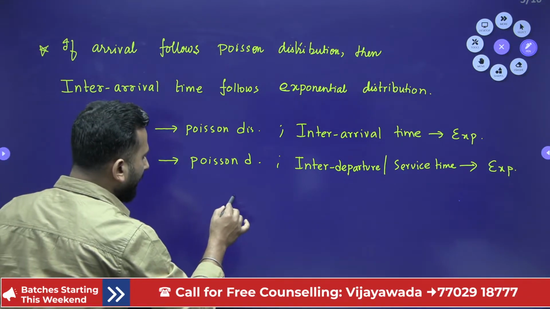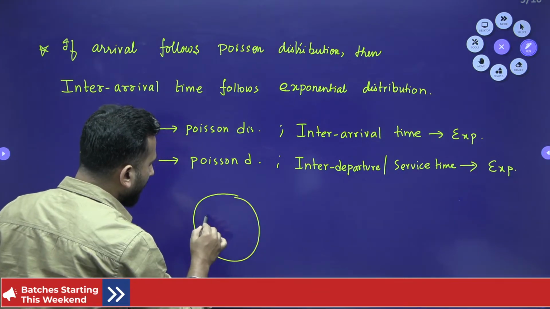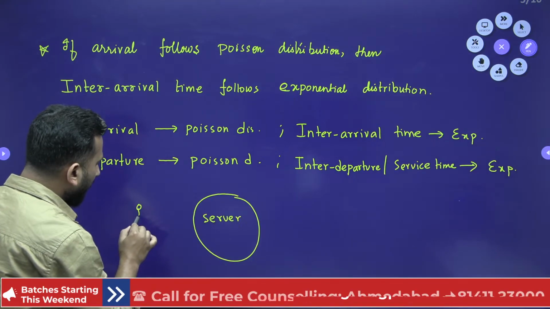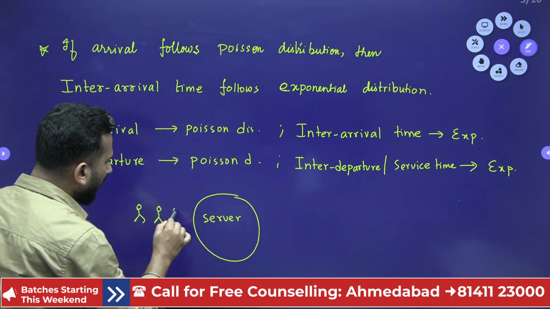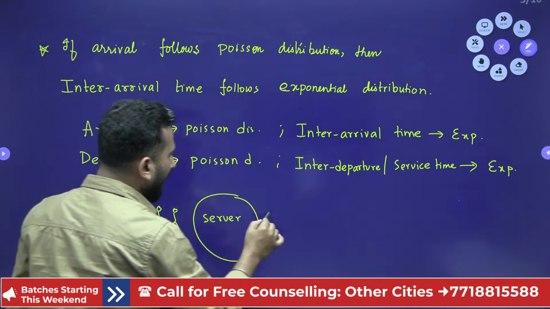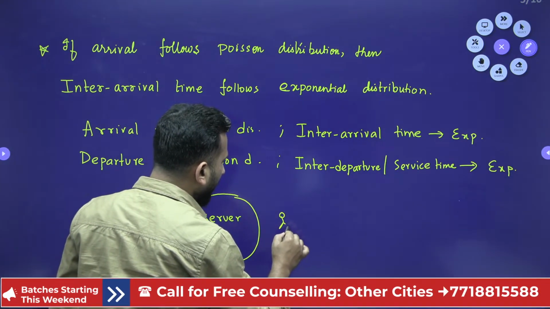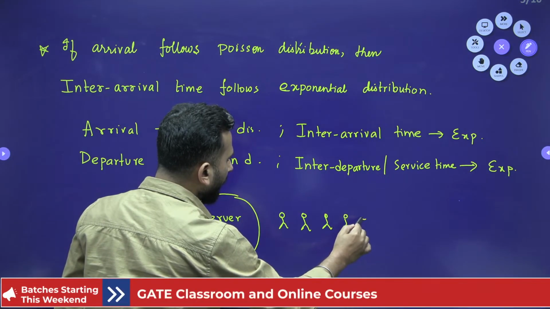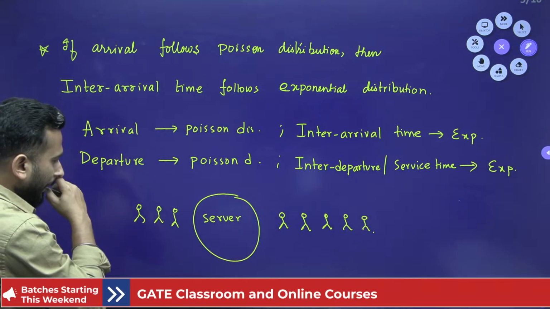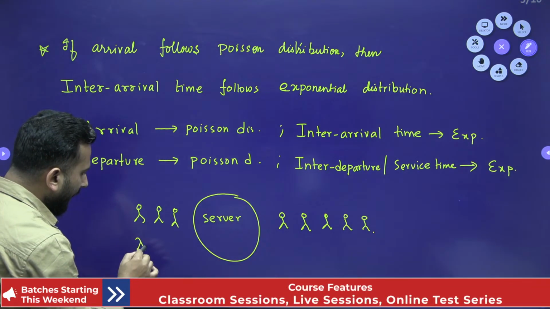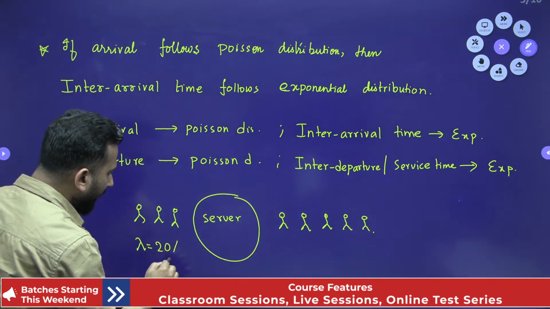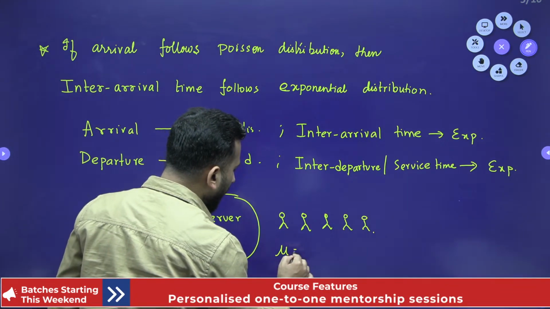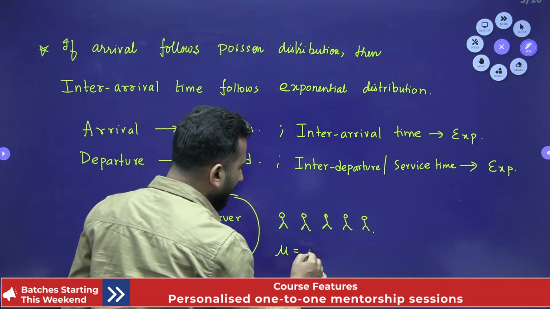For example, suppose that this is a bank server, and people are coming over here at some rate, and after taking the service, people are leaving. ठीक है? So let's say people are arriving at the rate of 20 per hour, and people are departing at the rate, which I am denoting by mu, of let's say 30 per hour.